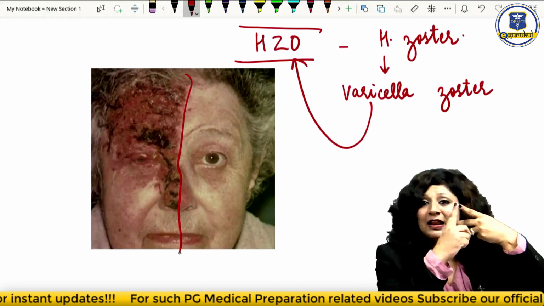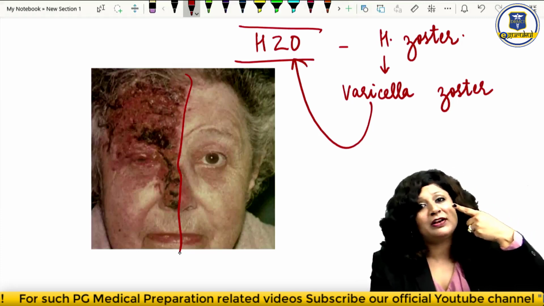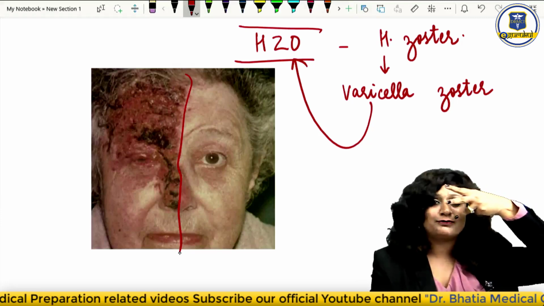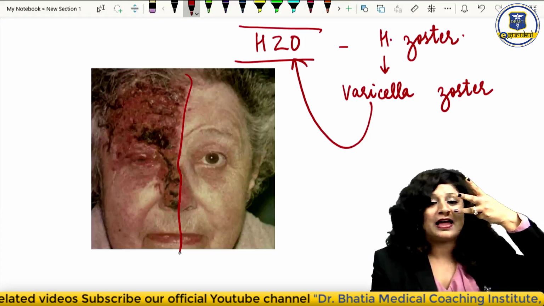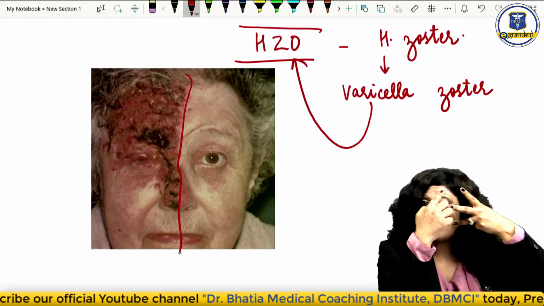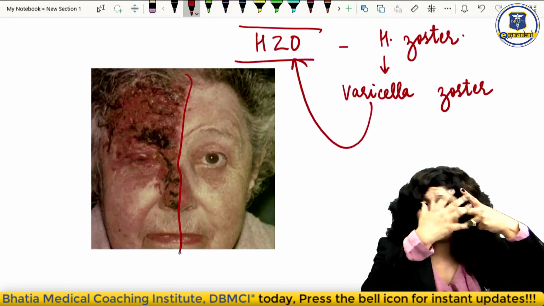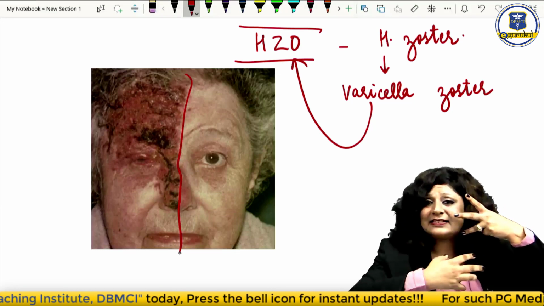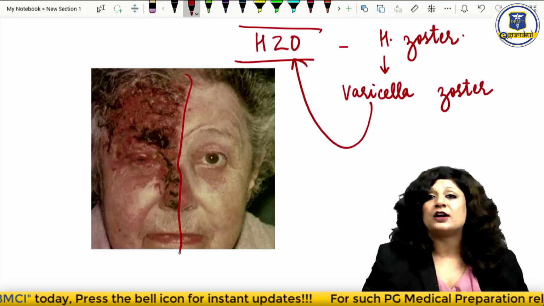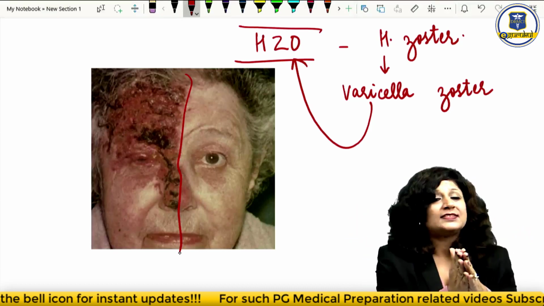Now in the ophthalmic division we again have three divisions. Go up. This is frontal, then lacrimal and nasociliary. Because all three divisions are involved on one side, this portion will have all of the signs and symptoms. This is normal. So this is called strict distribution on one side of the forehead.